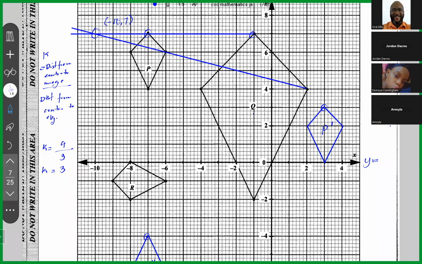Now, there's a construction approach for finding the center of rotation, and I could show that to you at some later point. It would involve connecting corresponding points on the object and the image, and then you would do some construction procedure, you would bisect, and then do something like that.